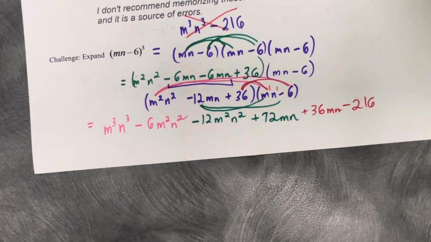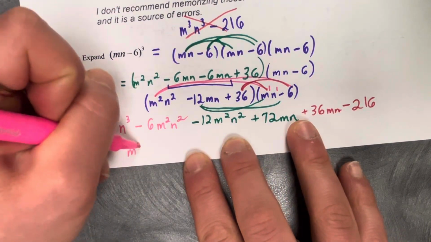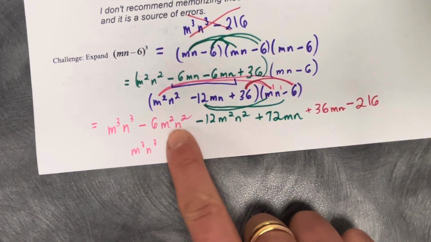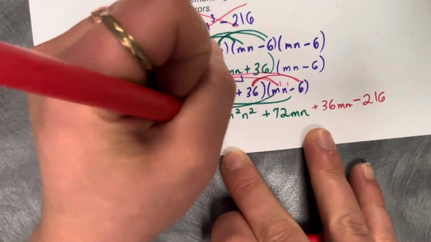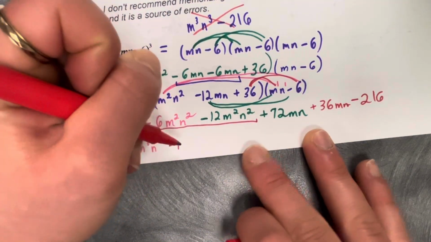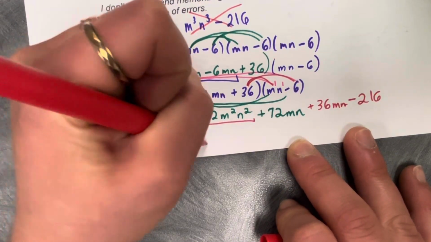So now combine like terms. M cubed, n cubed is staying by itself. And then we can combine these m squared, n squared terms. So these go together. And we get negative 18 m squared, n squared.